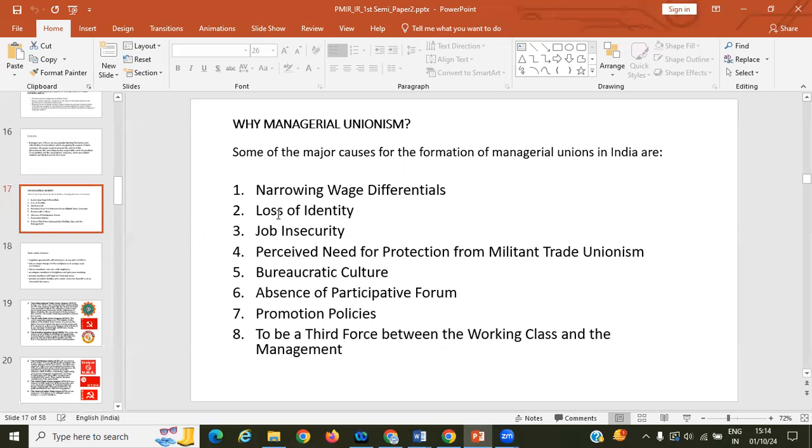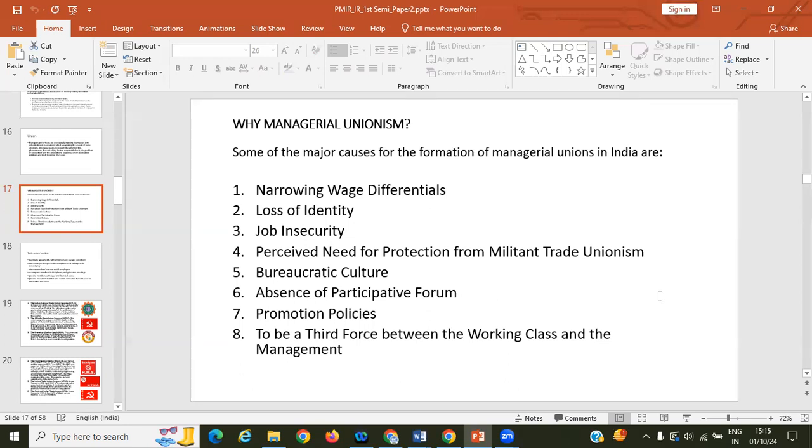Some of the major causes of formation of managerial unions: narrowing wage differential, loss of identity, job insecurity, perceived need for protection, trade unionism, bureaucratic culture, absence of a participative forum, promotion policies, a third force between the working class and the management.